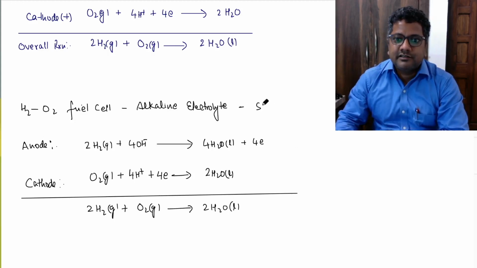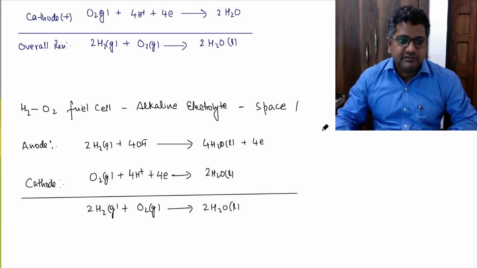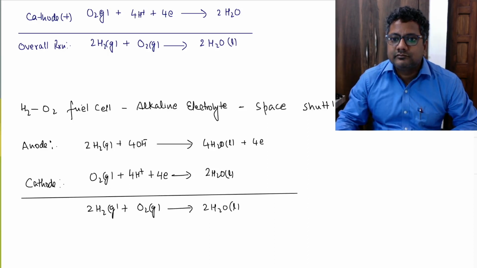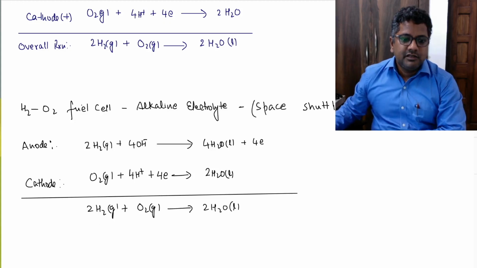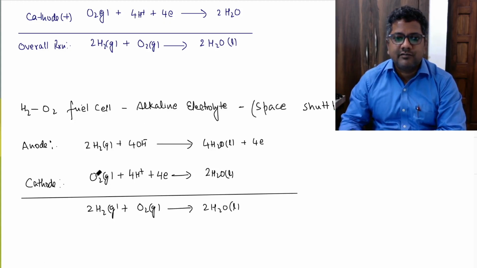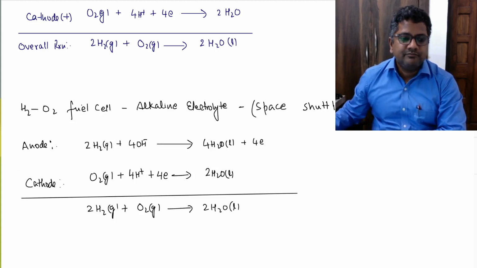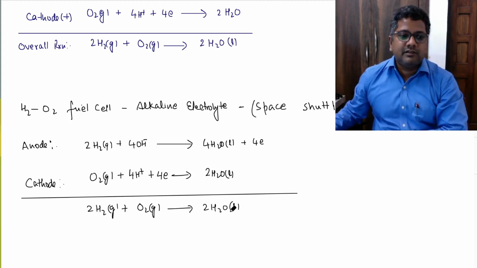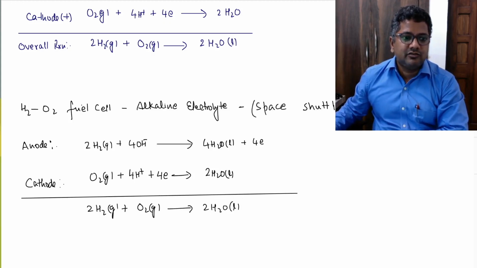So space aircrafts or space shuttles use this. Okay, and here oxidation of hydrogen is taking place and reduction of oxygen. So this is all about it, and the problem of water can also be solved here by using this fuel cell, right? So there is no problem.